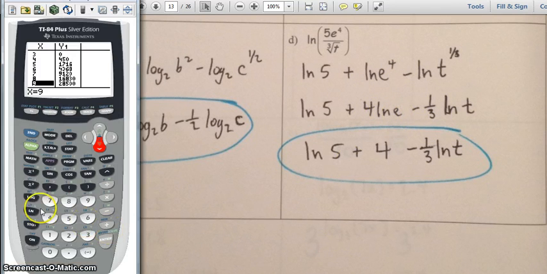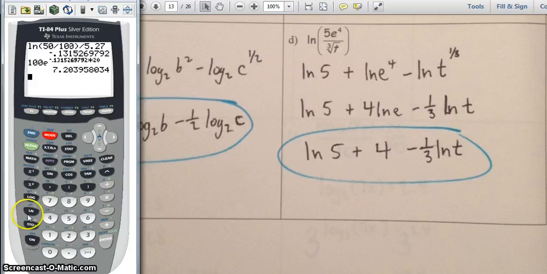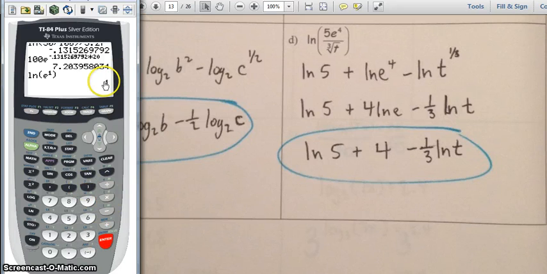So in your calculator, if you were to do natural log of e, and you have to give it a little exponent there, notice you get 1, they cancel each other. 4 times 1 is 4. So that's the answer for that one.